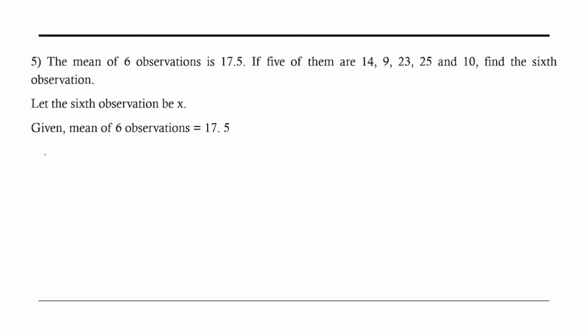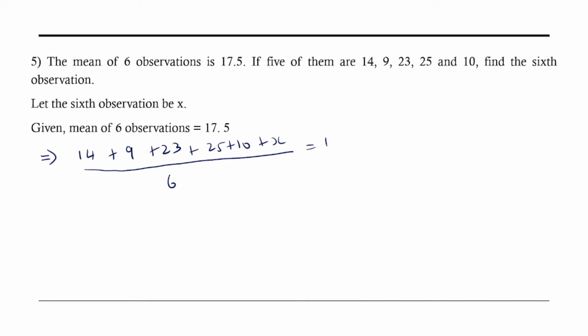So this implies the sum of all these upon 6 is equal to 17.5. So (14 + 9 + 23 + 25 + 10 + x) upon 6 is equal to 17.5. When we add all these 5 observations, we get 81.